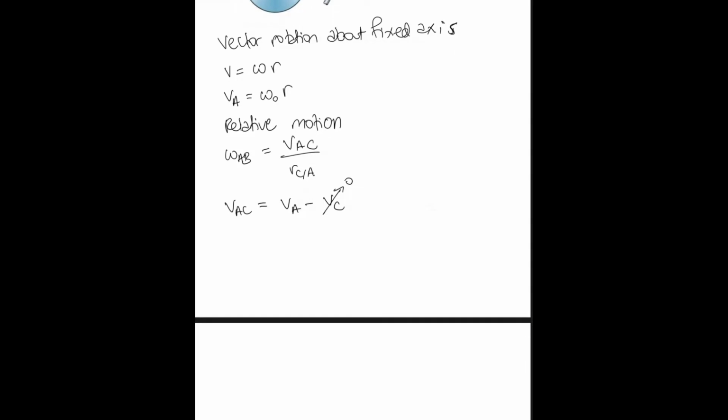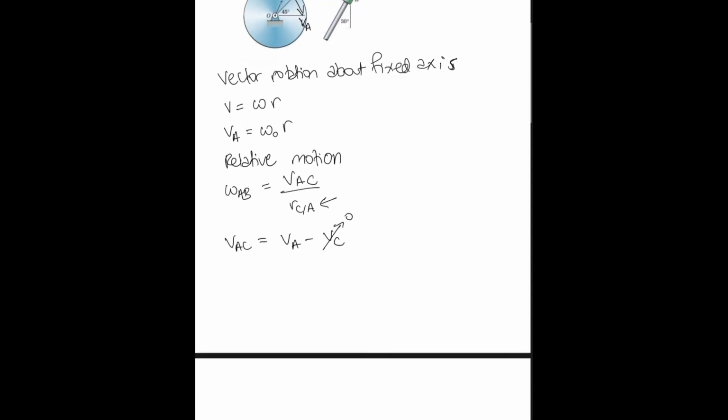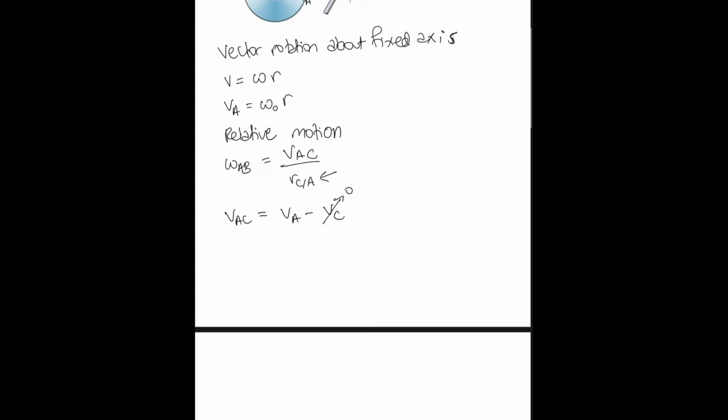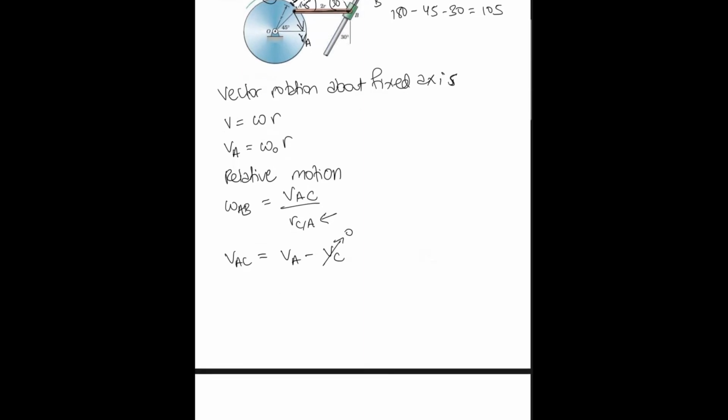So now that we know what we need to find, we need to calculate this distance over here. So we're going to go back to our trigonometry and geometry equations, and we're going to find the angle here. So 180 minus 45 minus 30 is going to give us 105.